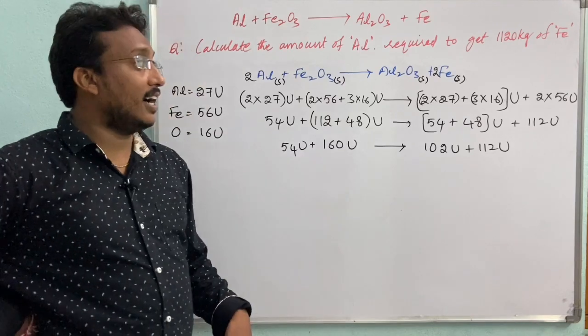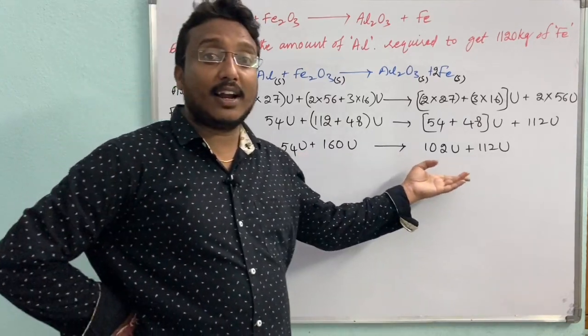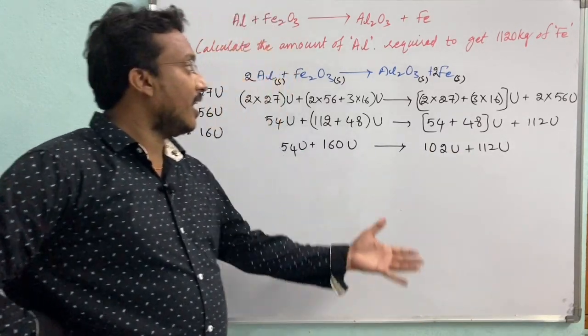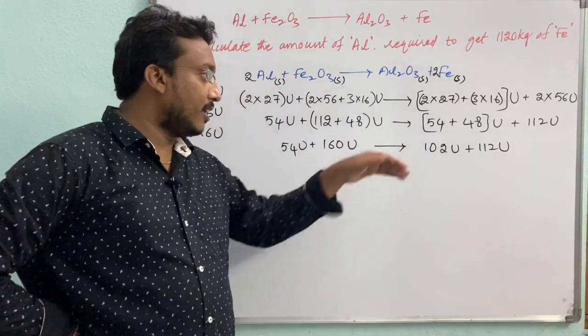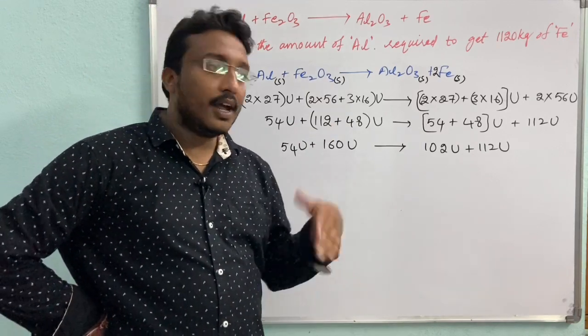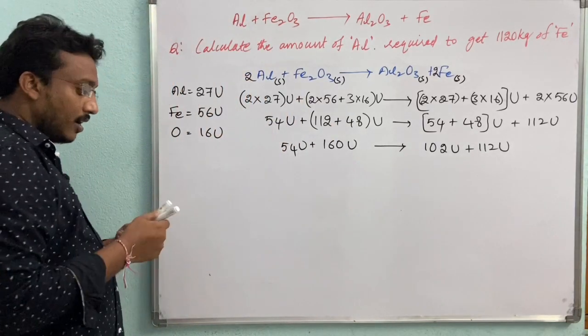Then what I said: now is it balanced or not? In a balanced equation, the mass of the products is equal to the mass of the reactants, right. This is in unified mass. Now we can also express it in moles.